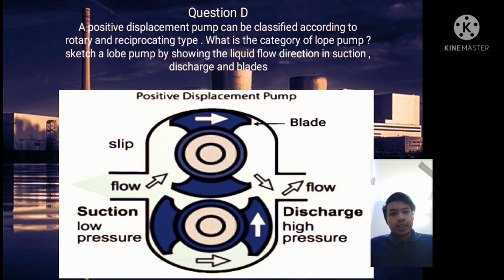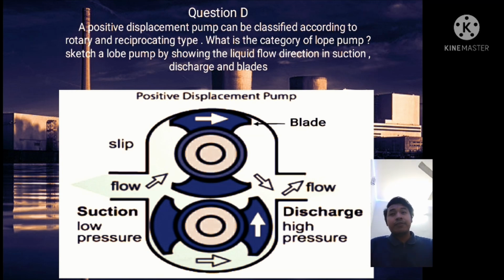The first is that the volume at the inlet increases when the rotors rotate and the product is drawn into the pump. The second is that the liquid is transported between the rotor and casing through the pump, and then the volume is reduced between the rotors and the product is forced out through the outlet.